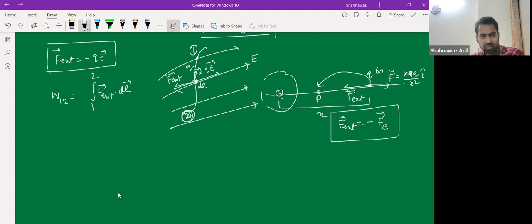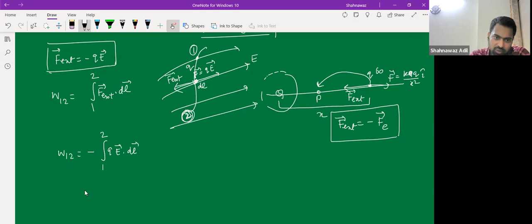Is this clear? Then we can write the work done in the presence of the electric field in bringing this charge from 1 to 2. This would be simply minus of QE dot dl, from 1 to 2.